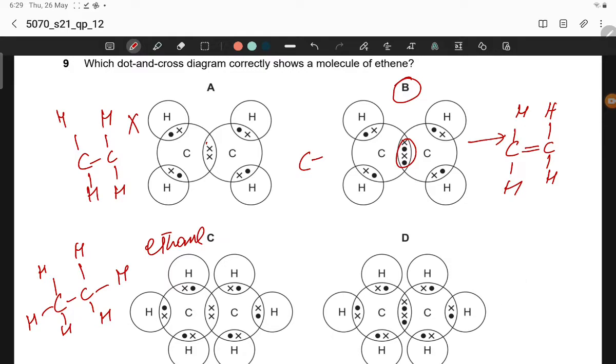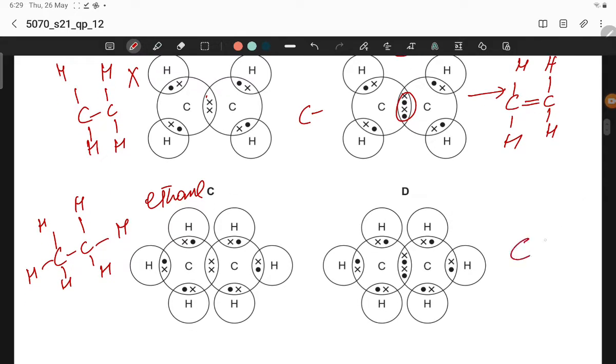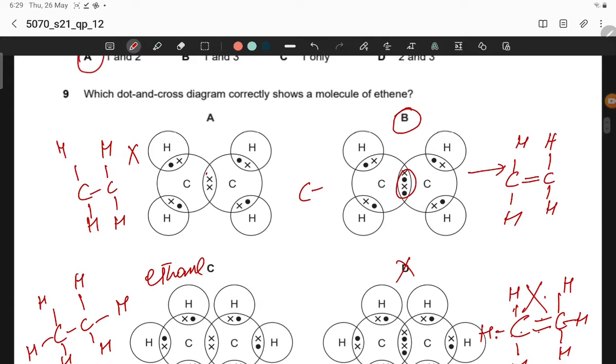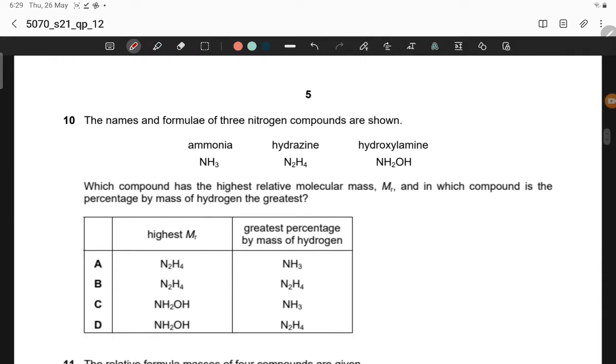And this is also incorrect because carbon has 4 bonds, but in this case carbon has 1, 2, 3, 4, 5, so this structure is incorrect. So B option is correct.